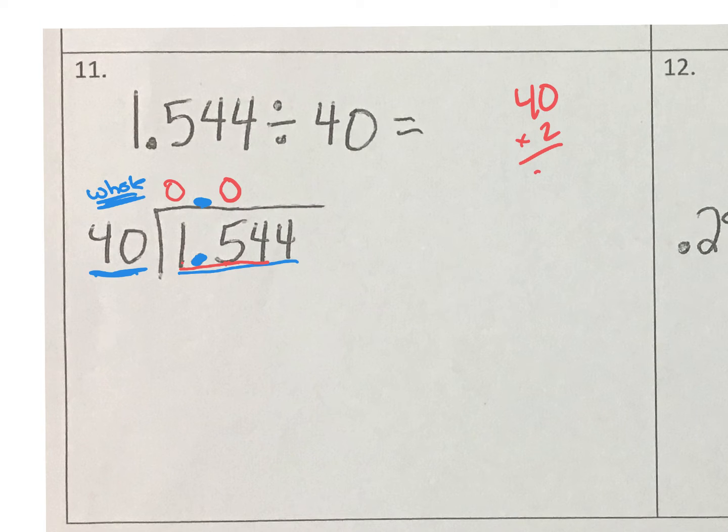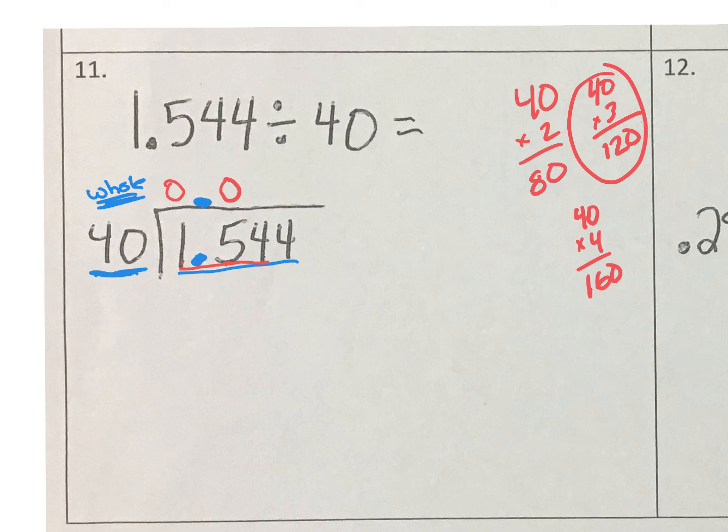If I do times 2, that gets me 80. I think I can do more. Let's do times 3. 40 times 3 is 120. 154. Should we try one more? 40 times 4. That's 160. Oh, that's too many. So this is the one I want.